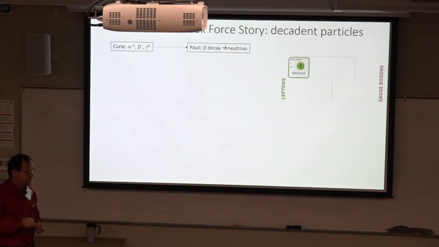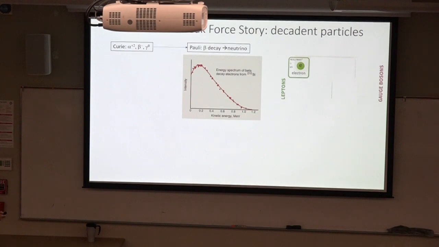They will have fixed energies. Yet, if I look at the energy of the electrons coming out of one of those things, I don't get just one energy. I get this whole spectrum of energy. I get up to a maximum, and then it drops off.